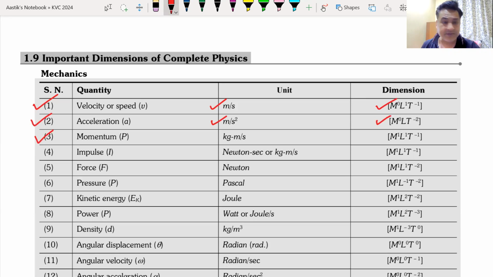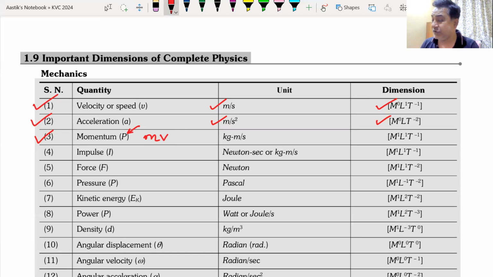Yes or no? Do you remember momentum? How many of you remember momentum? Not many people. Okay, momentum is described by the letter P, and it is simply mass multiplied by velocity.